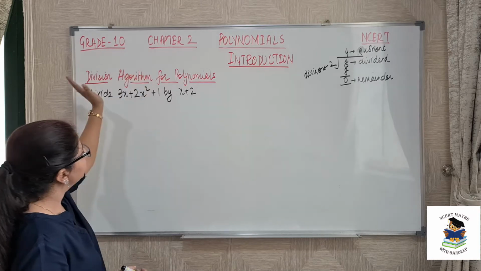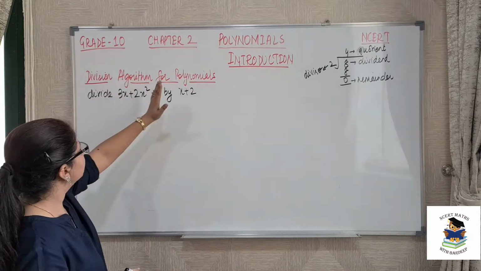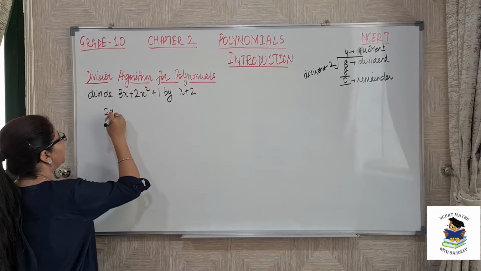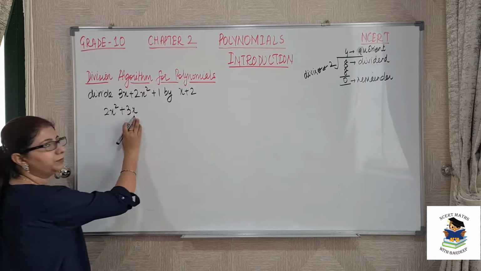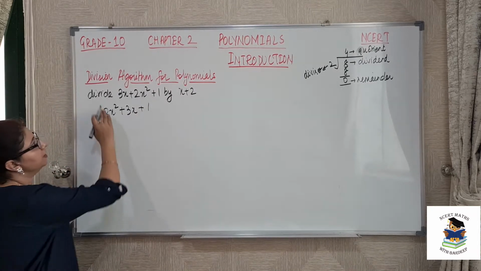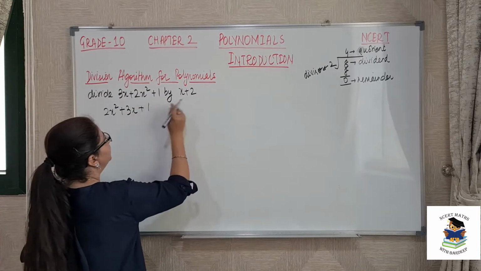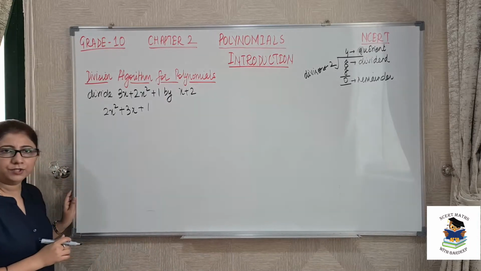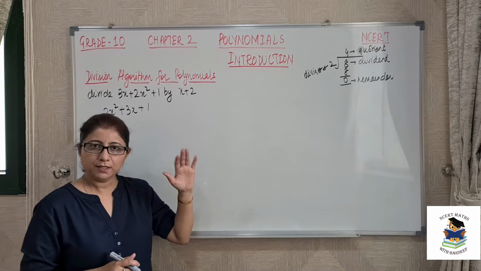So the degree of this polynomial is 2, but this 2 is the second term, so we will rearrange it and this will become 2x square, that is power 2 first, after that power 1 and then 1. Okay, so 2, 1, 0. So this is in decreasing order of their power, and here already power 1 and power 0, this is already arranged. Okay, so this is the first step that you should always consider.